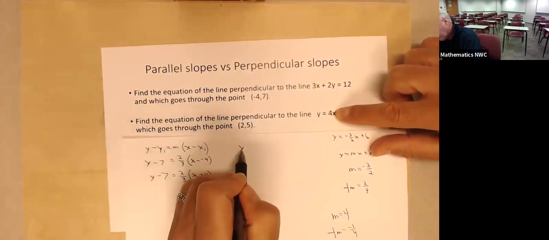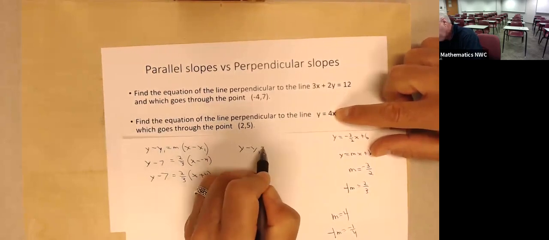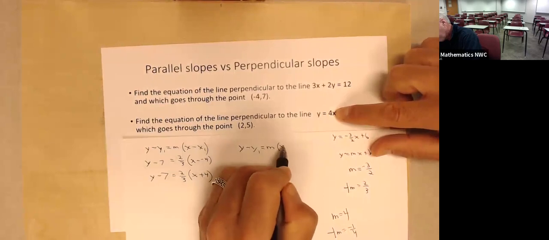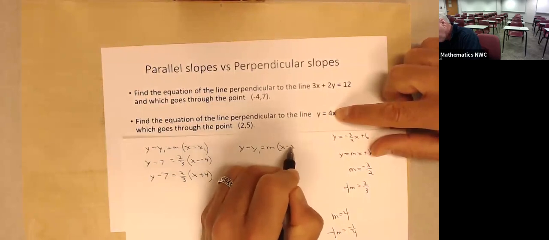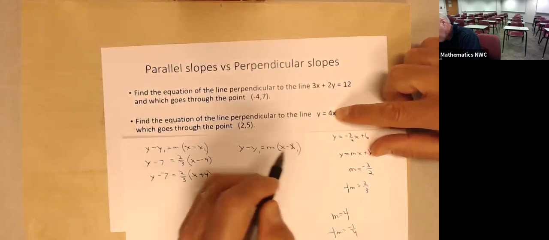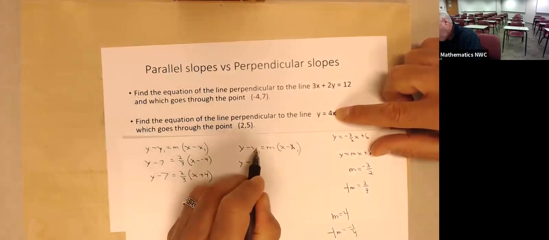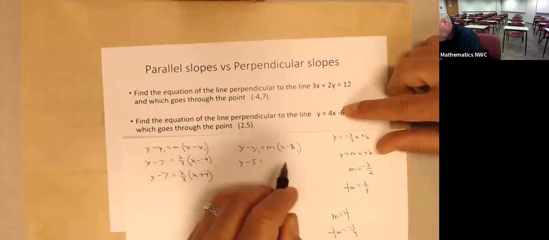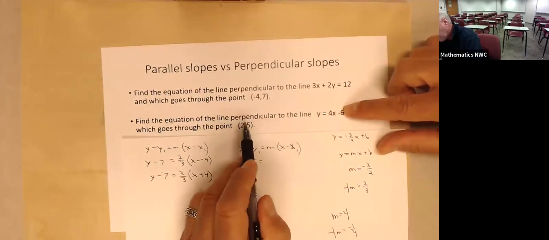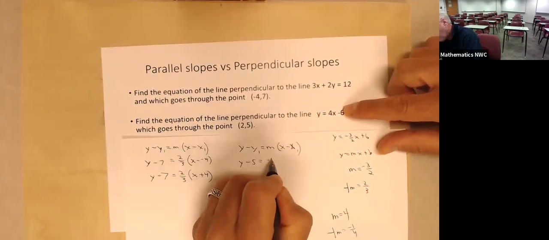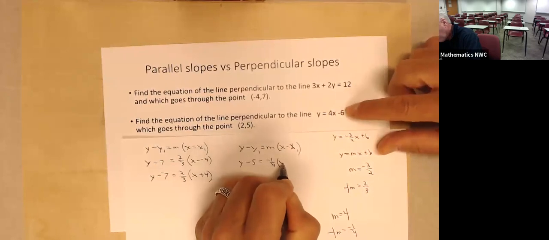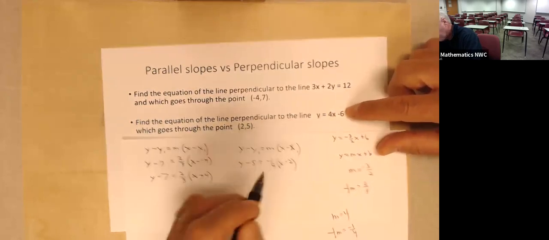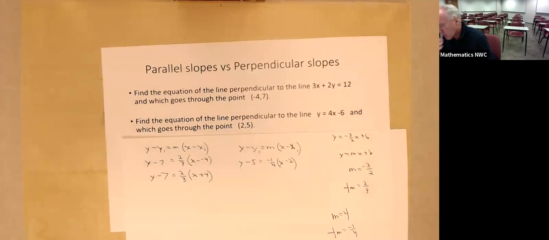So I go back to my point slope form. And I plug in my y coordinate 5. My slope, because it was perpendicular, has to be this -1/4. And I have x minus 2. And that would be my answer there.